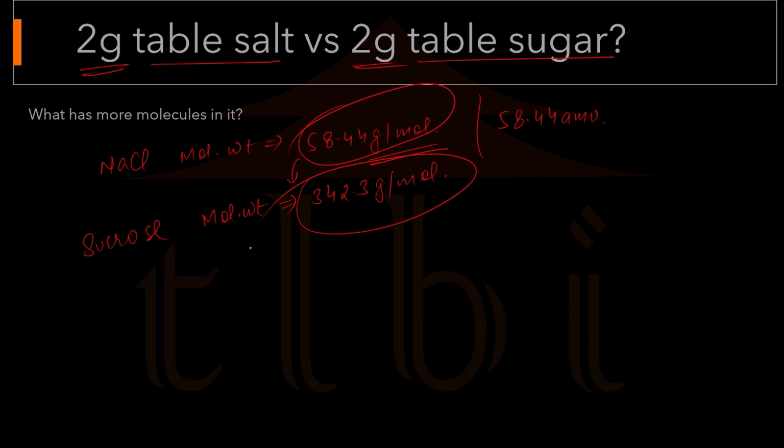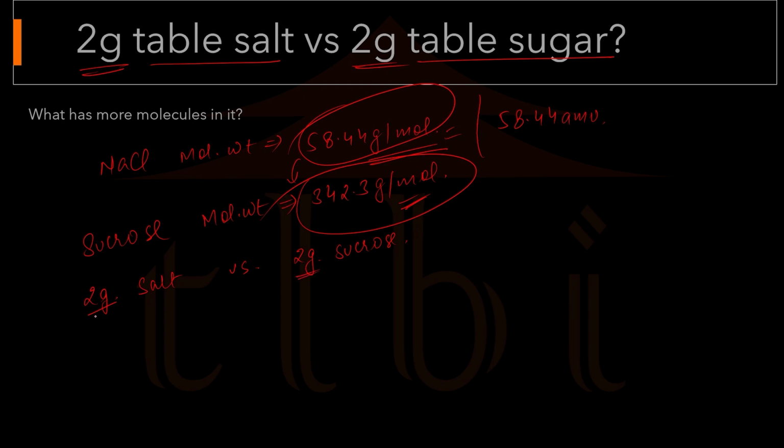So if you take 2 gram of salt and compare with 2 gram of sucrose, because of the ratio difference between the two, sucrose is heavy.